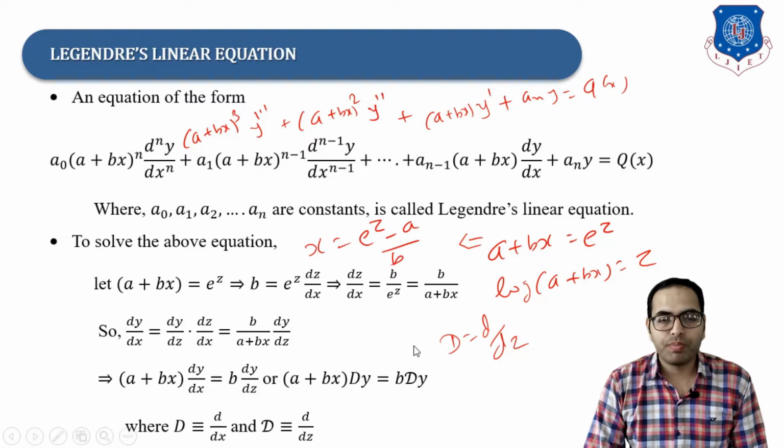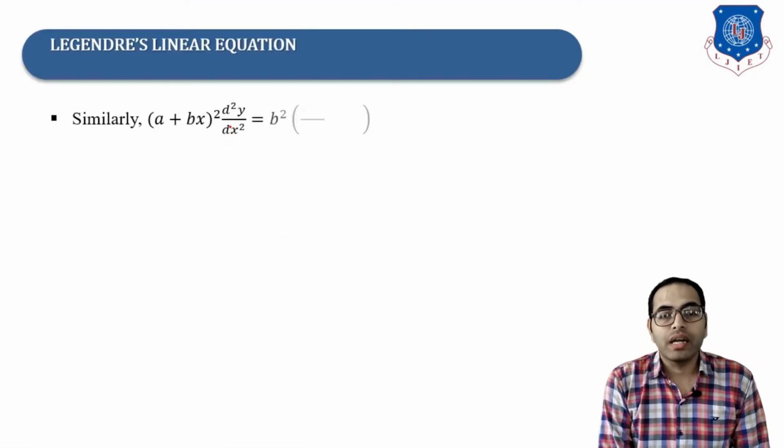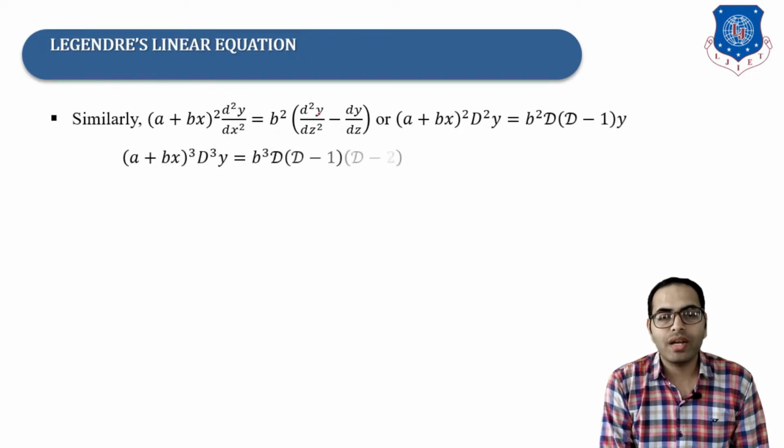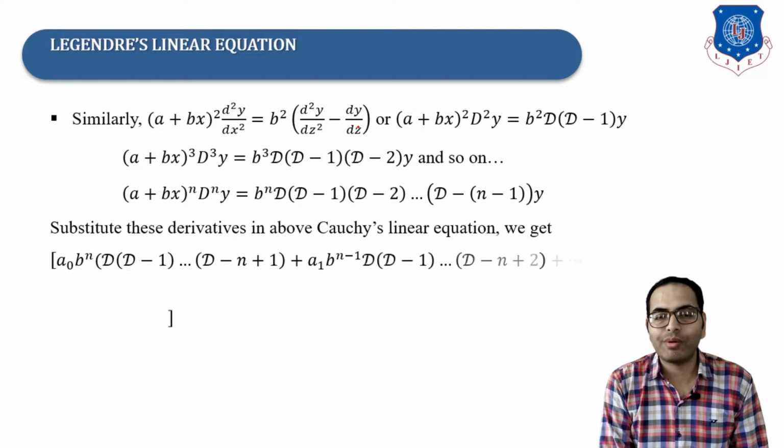Similarly, we can continue this process with the second order, then the third order and so on. For the second order derivative term, (a plus bx) whole square into d square y by dx square equals b square times d square y by dz square minus dy by dz, which we get with the help of the chain rule.